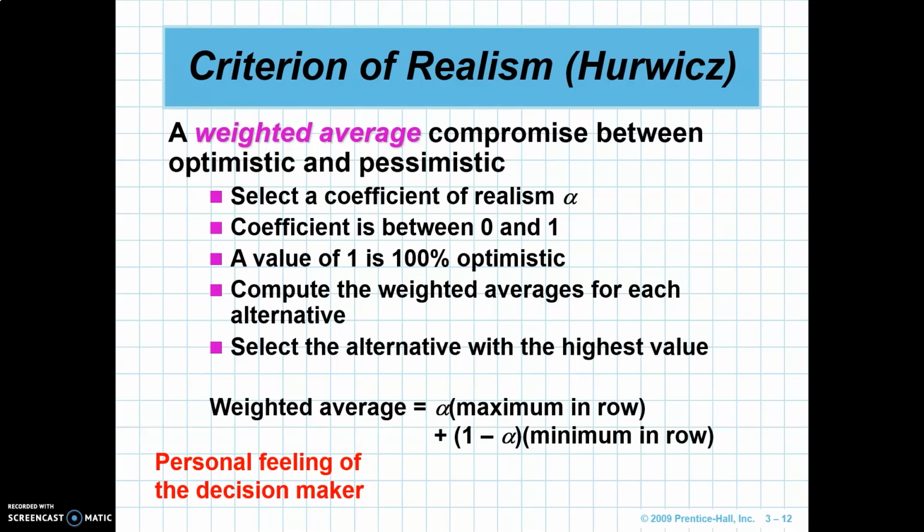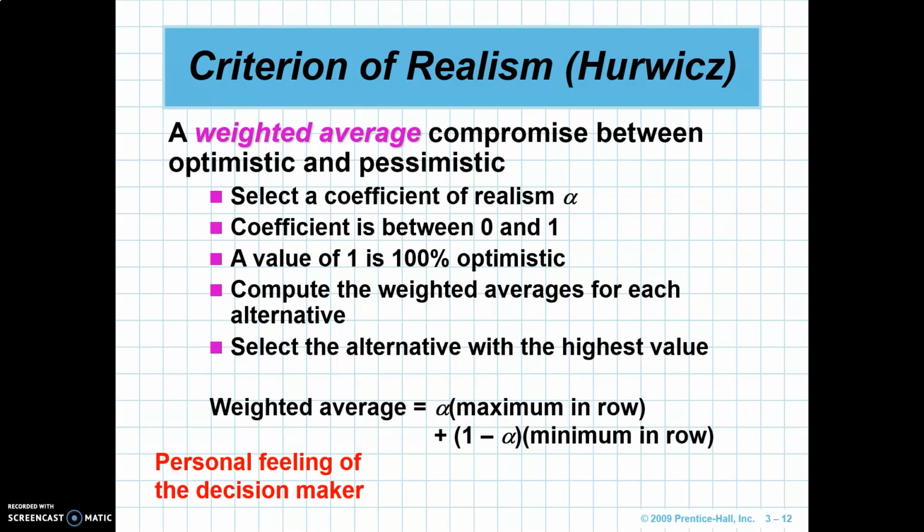If the value is 1, it shows a completely optimistic approach. Thus, if alpha is the coefficient of optimism, then 1 minus alpha will represent the coefficient of pessimism. Obviously, alpha plus 1 minus alpha is equal to 1.